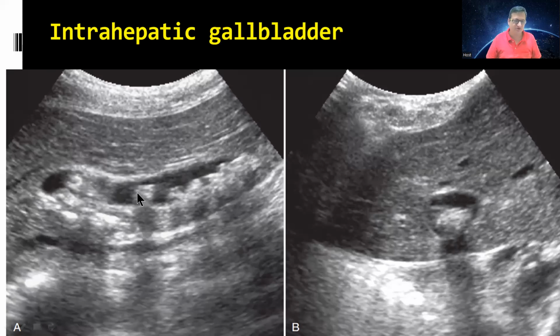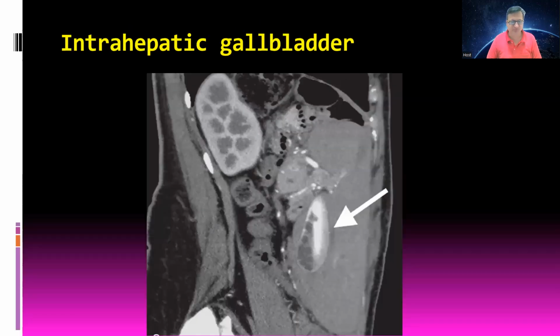But here you can see multiple gallstones are present and the gallbladder is embedded into the hepatic parenchyma. So it is an intrahepatic gallbladder. And on this CT scan, you can see that the gallbladder is of the intrahepatic type.